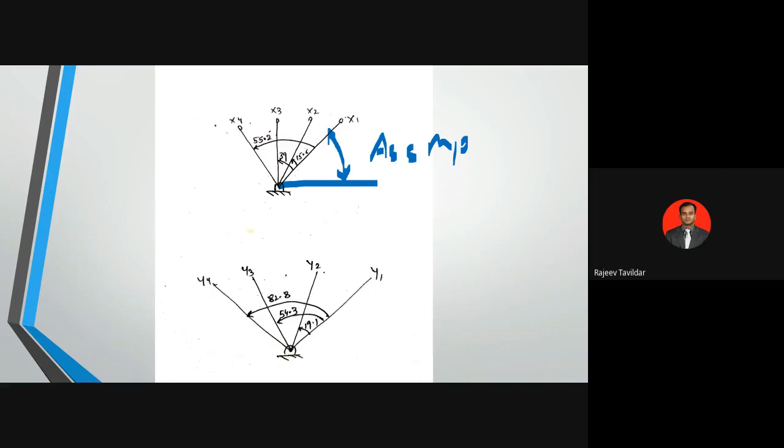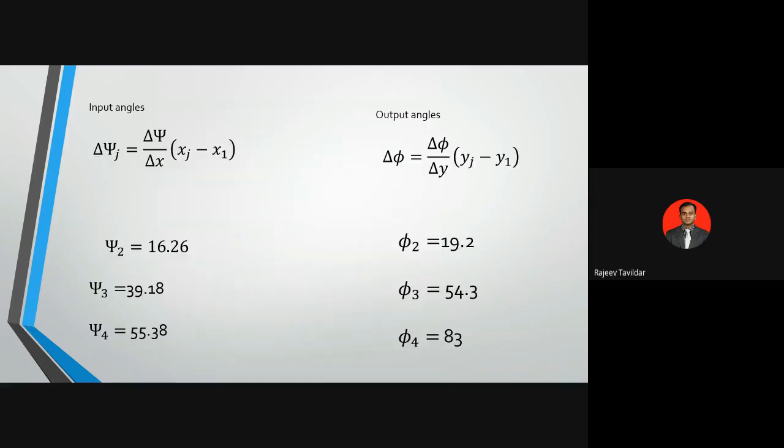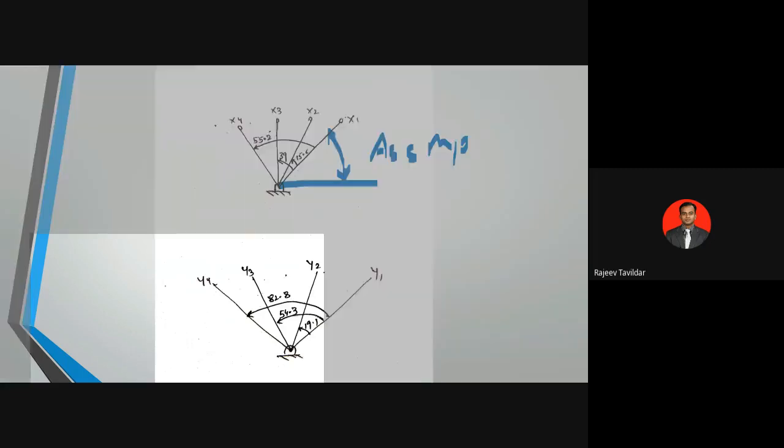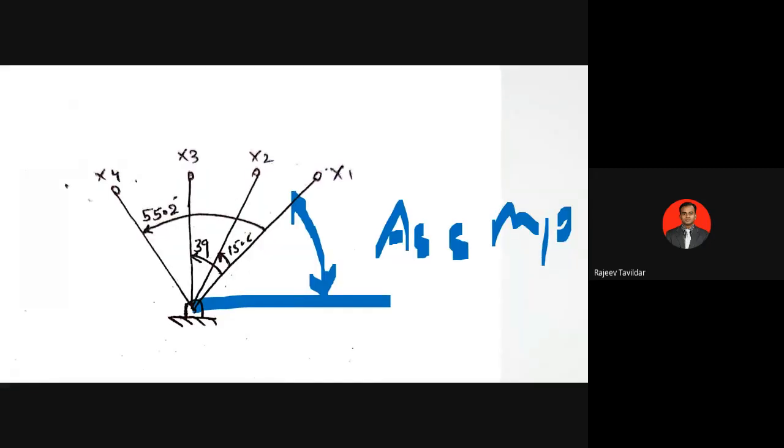And in the equation, let me go back here, I have all the findings with respect to x1. Can you see I have written xj minus x1? If I take j equal to 2, it will be x2 minus x1. If I take 3, it will be x3 minus x1. So for every equation, x1 is there. That's why in this diagram, all the angles are measured with respect to x1 only.